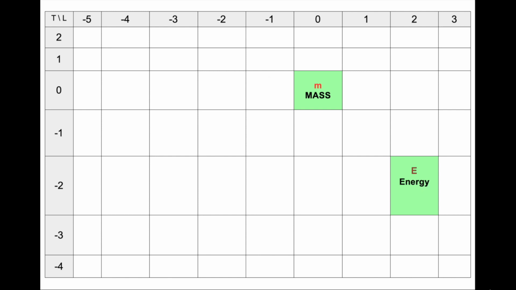So if the mass is expressed in kilogram, then the next cell to the right can be expressed in kilogram meter, then kilogram meter square. Now moving down, we get kilogram meter square per second, and eventually kilogram meter square per second square.